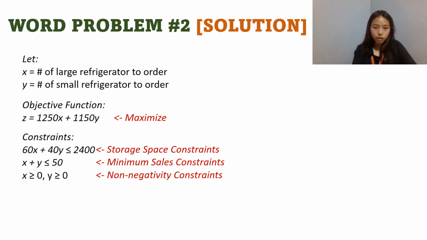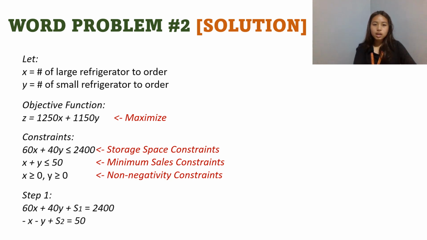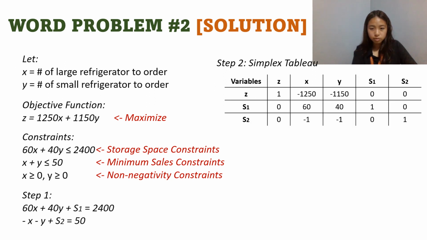Step 1, we convert the inequalities to equalities, so we add slack variables. 60x + 40y + slack 1 = 2,400, and -x - y + slack 2 = 50. Then we perform the simplex tableau.